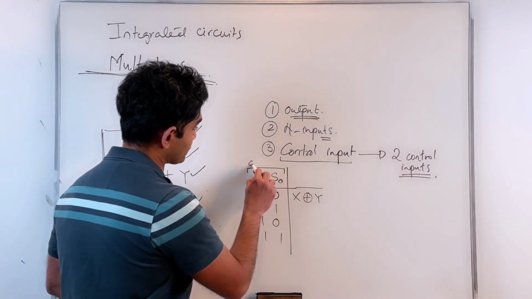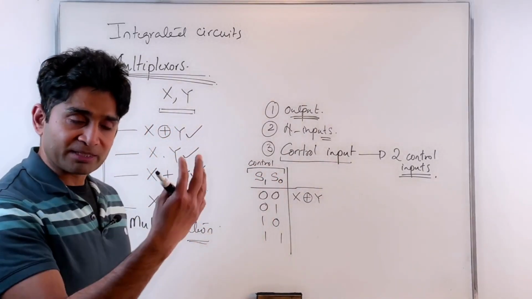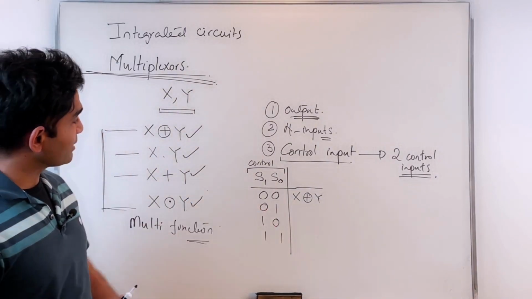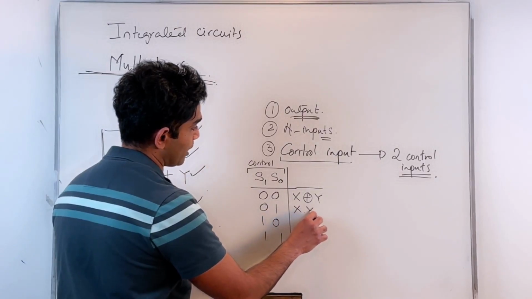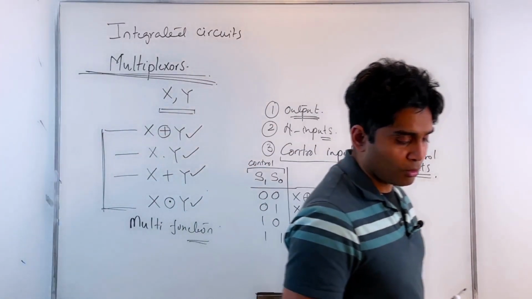In this case, now I have two control inputs because I have to multiplex between four possibilities. So 0 1, let's say I want to configure that as the X and Y operation. Okay.